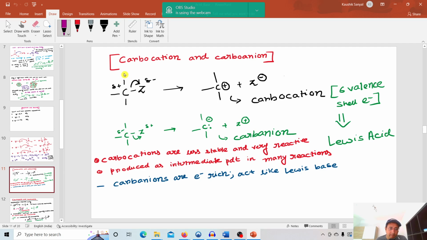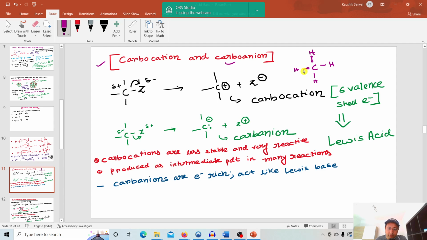First of all, what is a carbocation and what is a carbanion? Suppose we have a compound called methane, CH4. In methane, the C-H bonds are covalent bonds, and each atom shares one electron to form each bond.